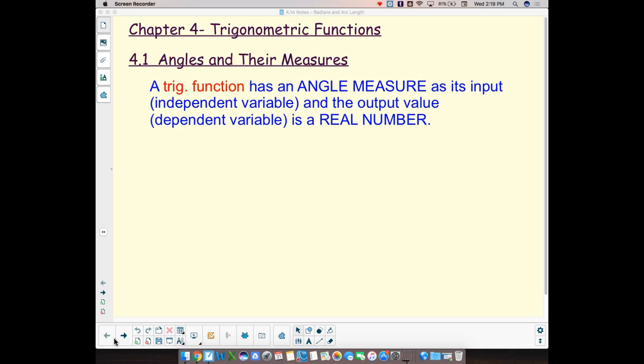Finally! Trigonometric functions. Alright, so usually in algebra, we have a function and we input a number into that function and we get out a number. Okay?